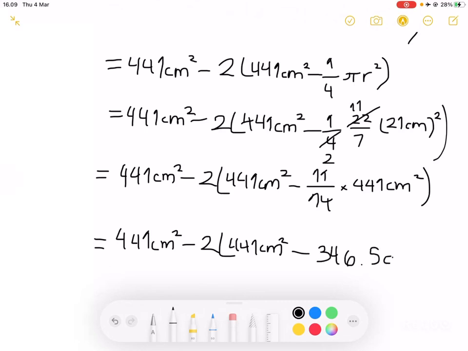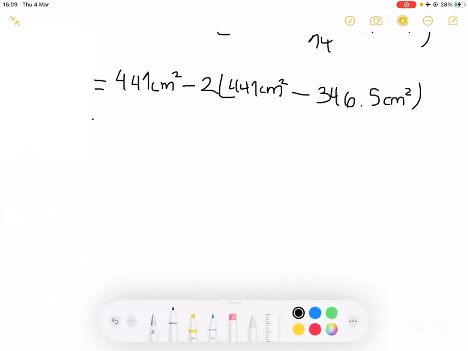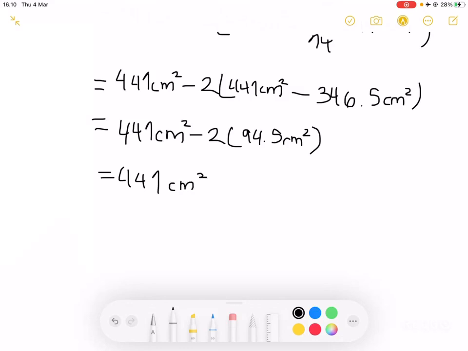So the inside of this will be 2 times 94.5 centimeters squared. This will be 441 centimeters squared minus 189 centimeters squared. This will be 252 centimeters squared. And that's it.